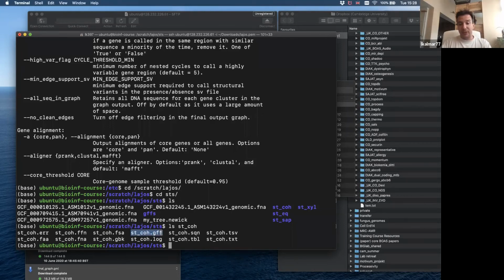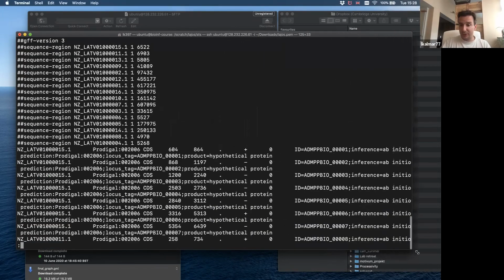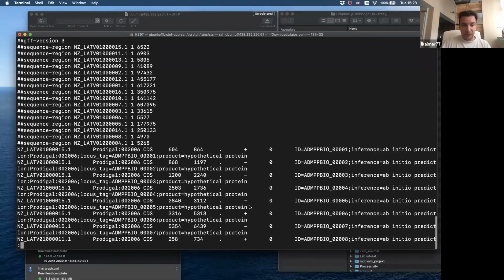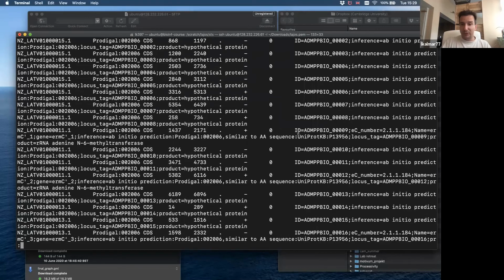So this is the file that you have, which looks like this. Sorry again, the lines are broken at the end, but this is what you have, where you have an identification for the contig, and you have an identification for the gene, and then you have some kind of name for the gene.